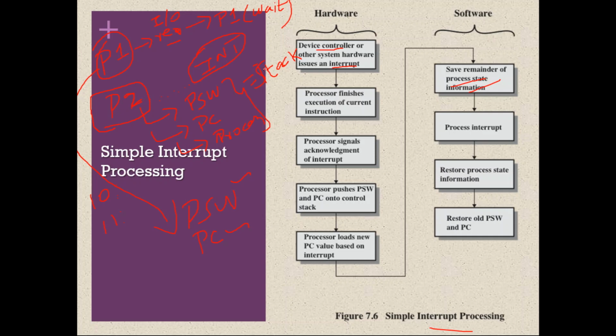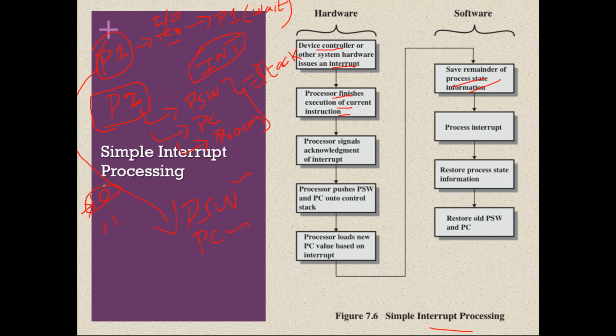So then what will the processor do? The processor will finish executing the current instruction. Assume that the processor is executing instruction 10, which is in partial execution. It cannot stop that, so it will finish executing that particular instruction.